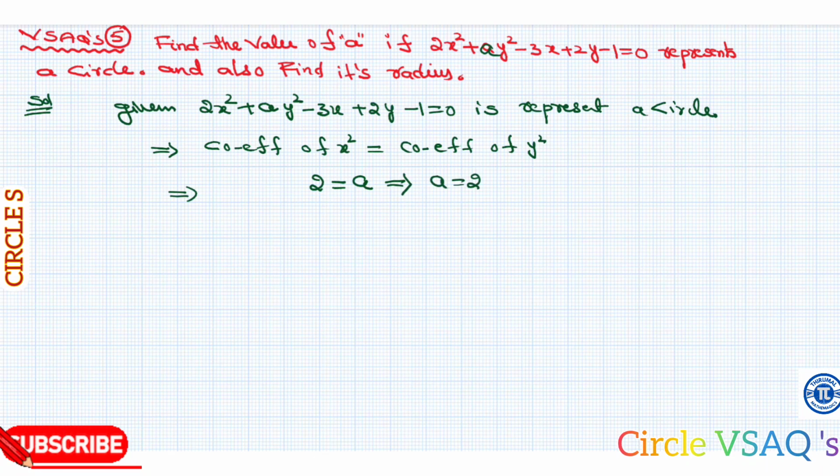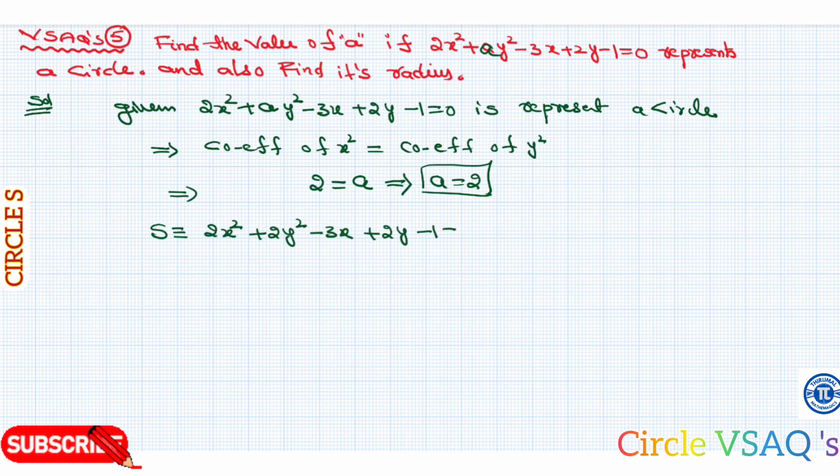Clear? Now substitute the a value in the above equation, then we get the circle equation 2x² + 2y² - 3x + 2y - 1 = 0.